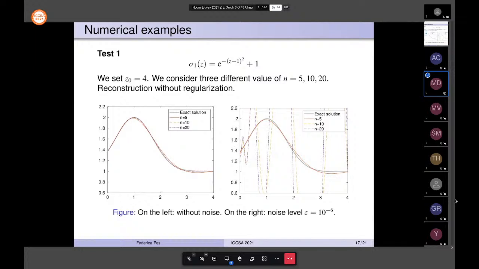Okay, but did you try to put another value? How do the results change in that case? No, I tried only zeta 0 equal to 4. Okay, it was just a curiosity. Thank you.